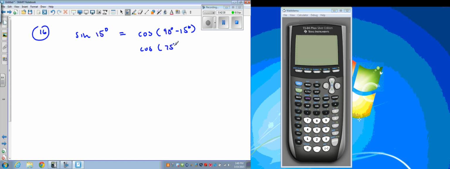See, now you can't figure it out, but all they're asking for is to write this in terms of its cofunction. Let's do the easy ones fast.